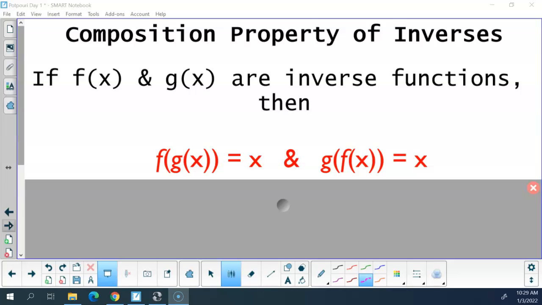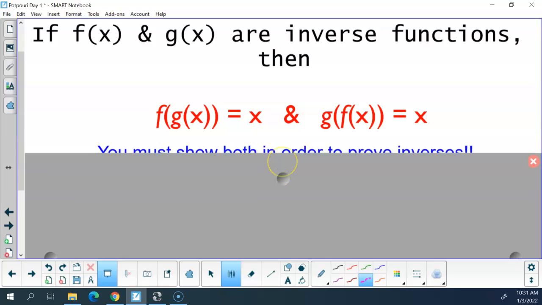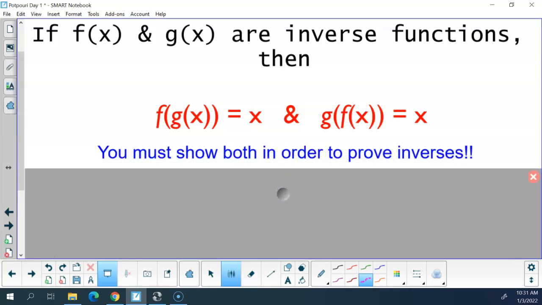If they are truly inverses, this red statement here: f of g of x is x, and g of f of x is x. I'll give you a second to write that down because it's uber important. So that means we have to show both.